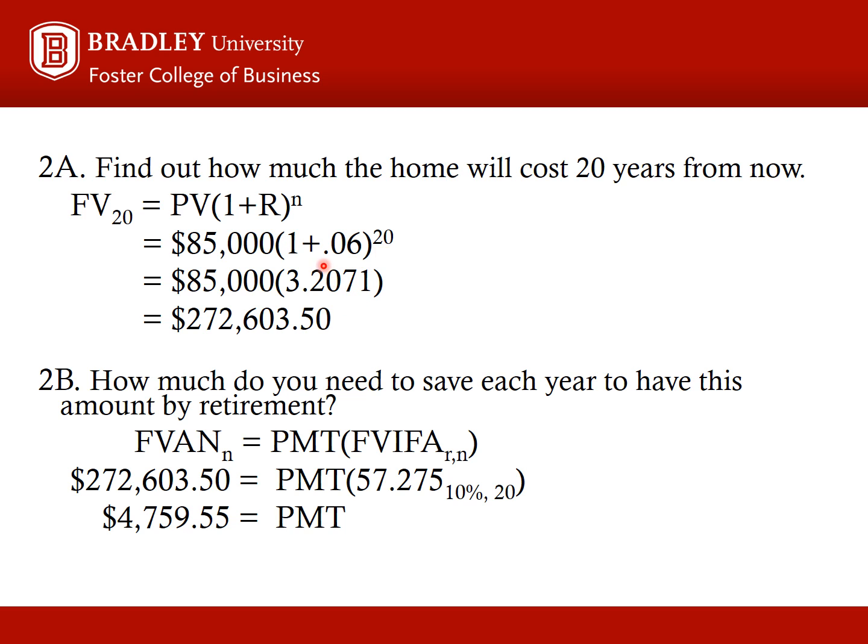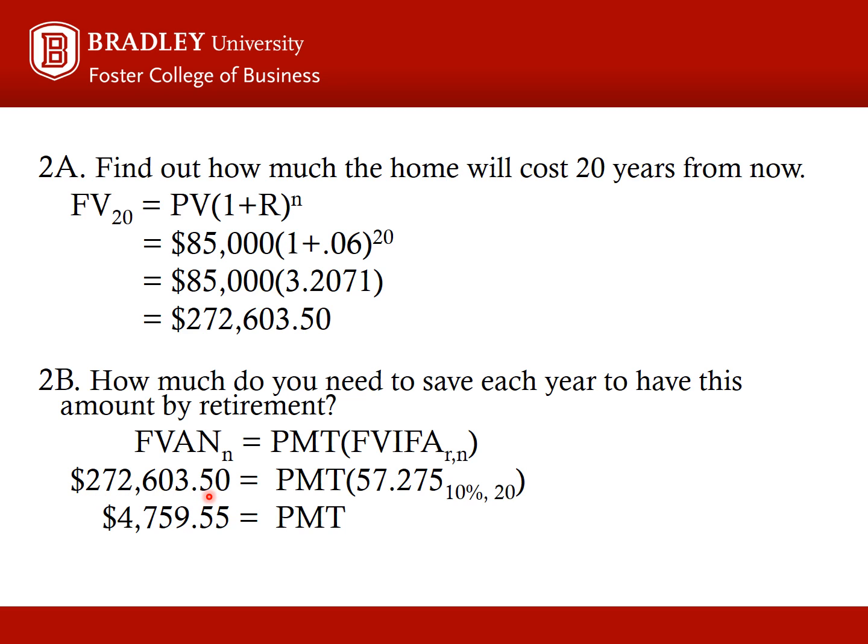And so you can, again, use the table, or in this case, I use the calculator, and you find out the house is going to cost you, by the time you retire, $272,603. So now this is the amount you have to save before you retire, and it says you want to retire in 20 years. So this is a future sum that needs to be saved up, so I'm using my future value of annuity formula again.